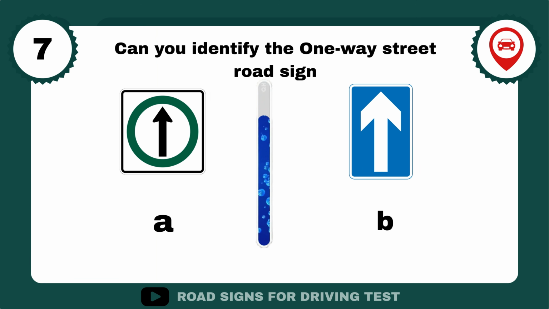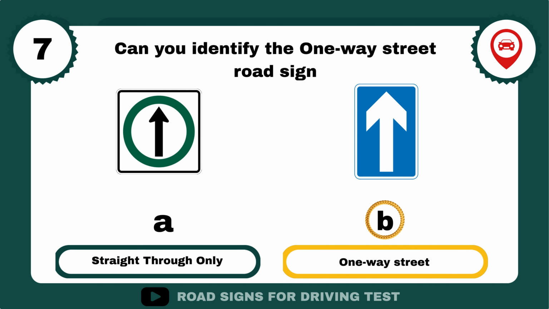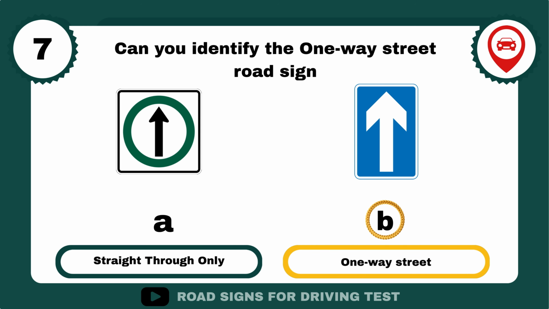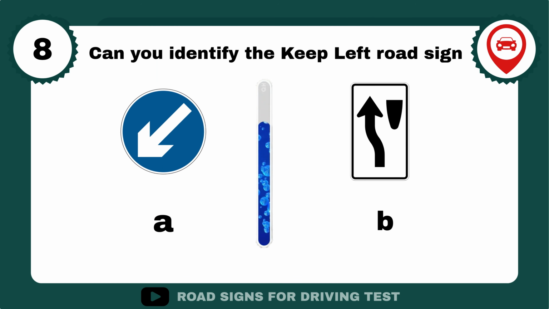Identify the one-way street sign. Which option shows the keep left sign correctly?